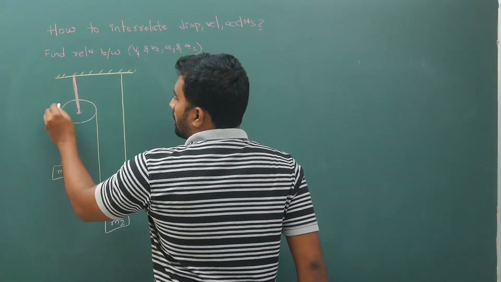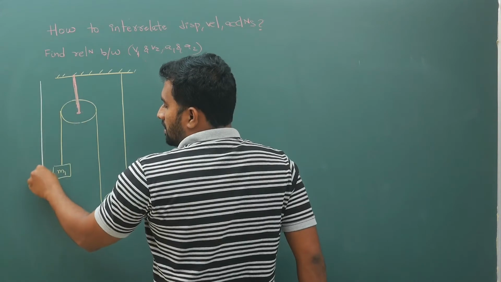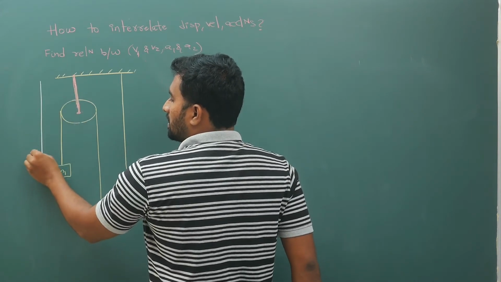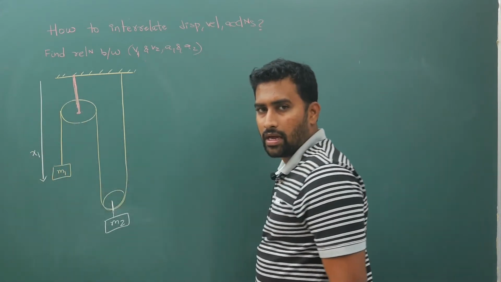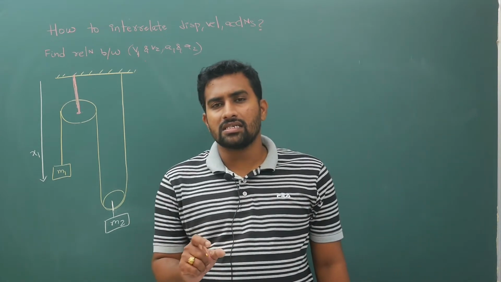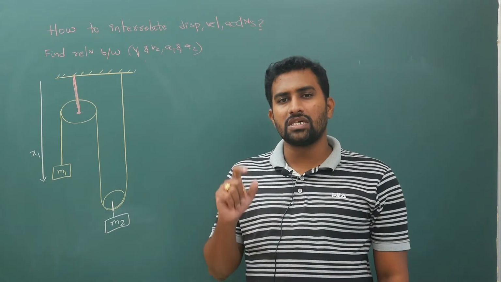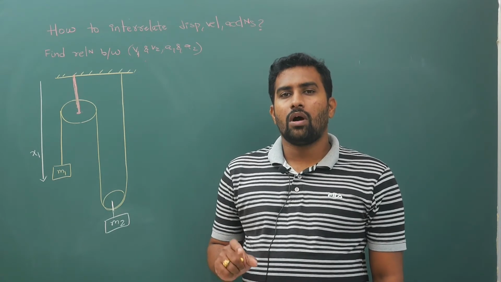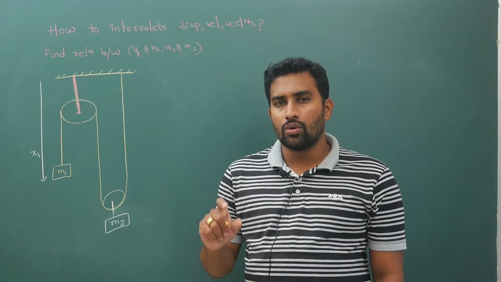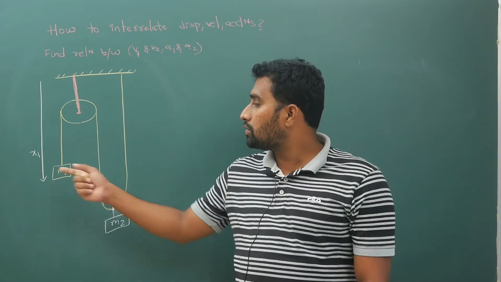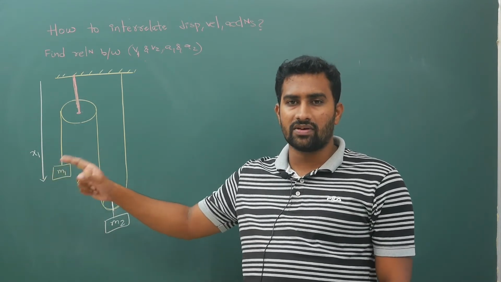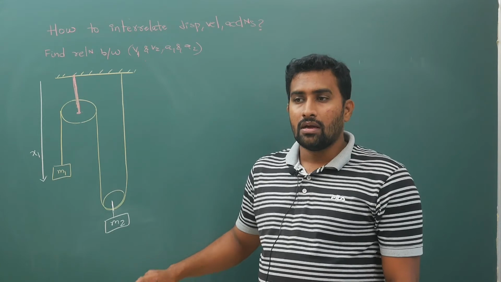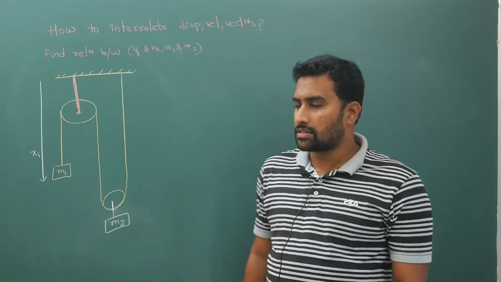Whatever distance is going to change, you mark with variables like x1, y1, something like that, and whatever is constant, you keep as such.